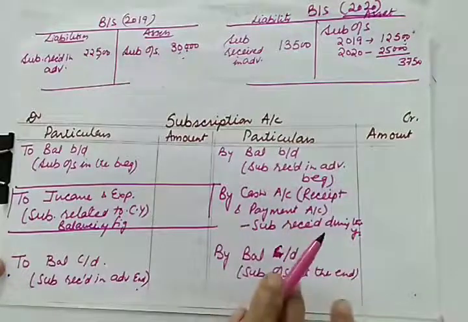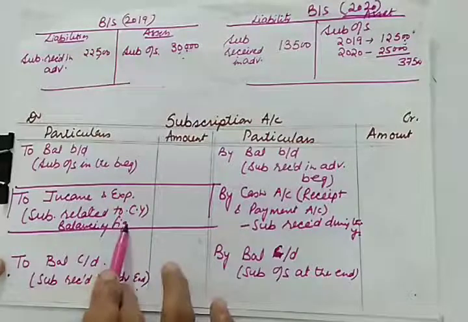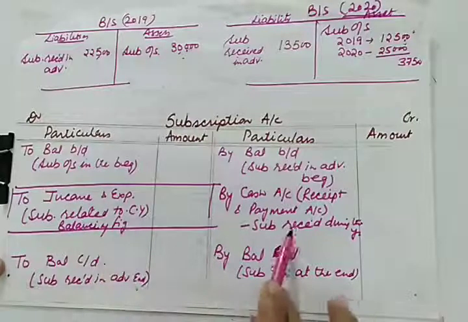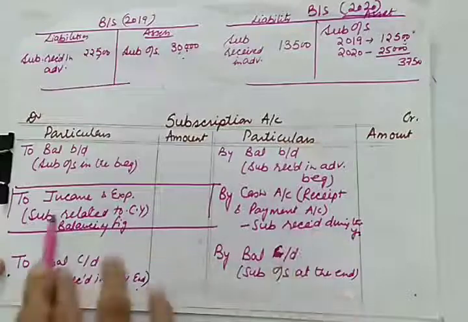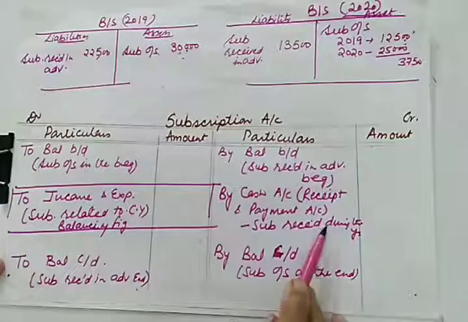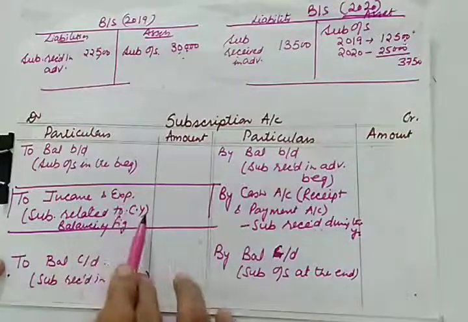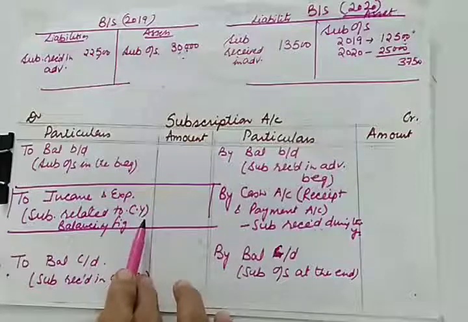Now I hope you got the difference between subscription received during the year and subscription related to current year. Both are different. This is as per the total subscription received during the year, and this is subscription related to current year.